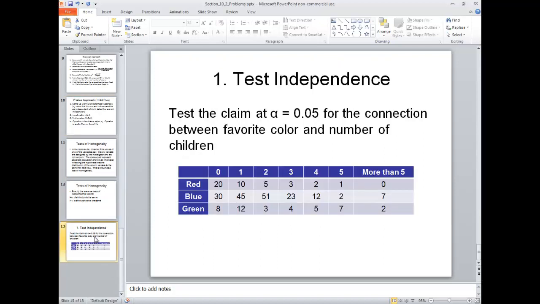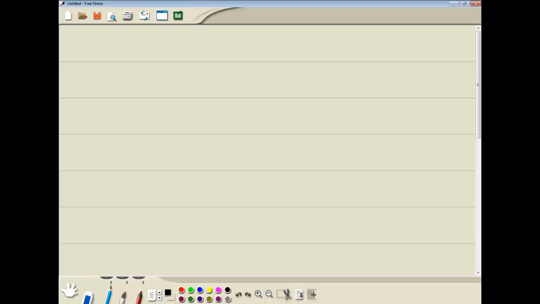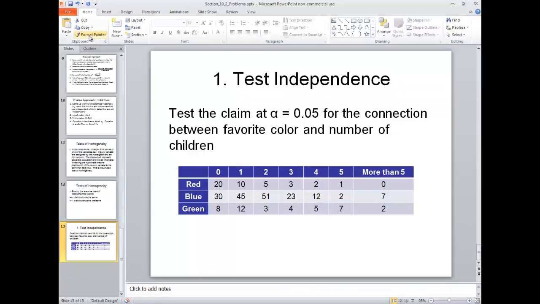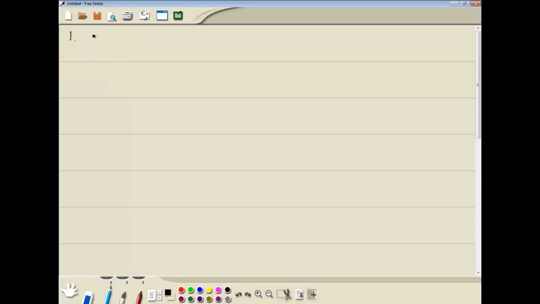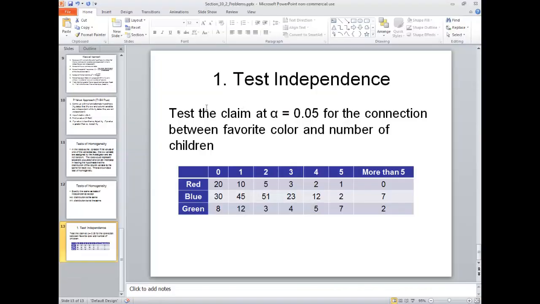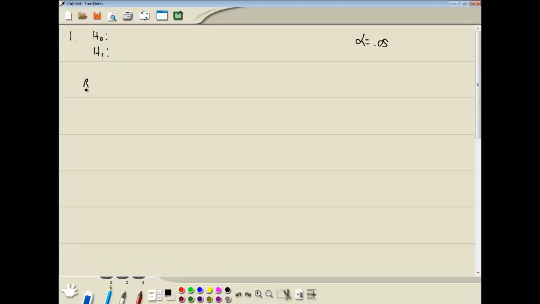Let me come down here and write this problem down. Okay, so we test the claim, and alpha is 5%. I'll come back to the H0 and H1. Okay, so alpha is 5%. And we have red, green, blue.